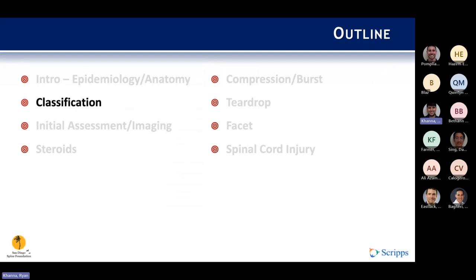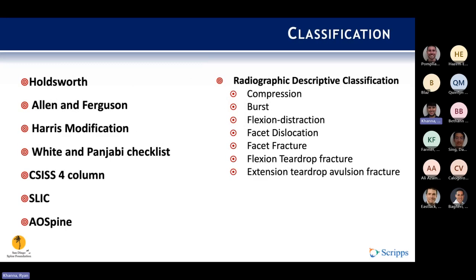So next, I wanted to talk about the different classifications. While there are many of them, the ones that are most popular include the Holdsworth, Allen, Ferguson, Harris, White and Punjabi checklist, CSIS 4-column, the SLIC, and AO Spine. I'll talk about the last two today.